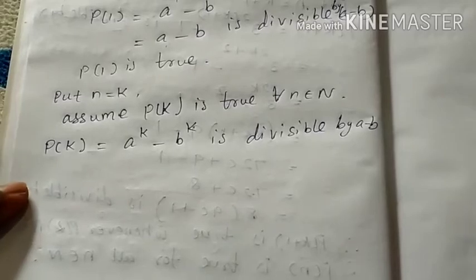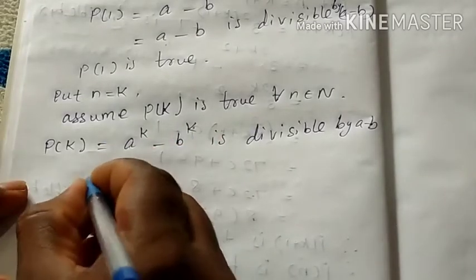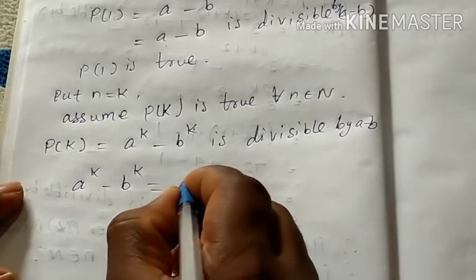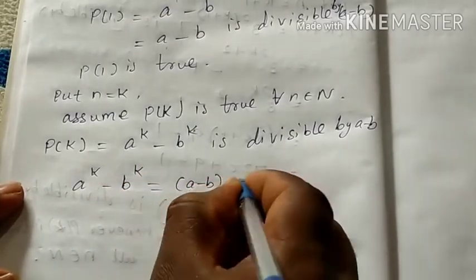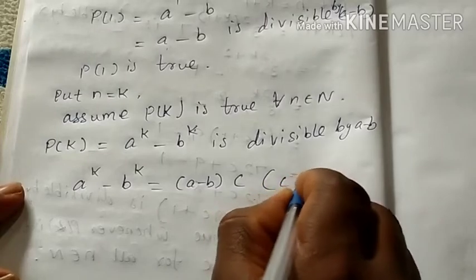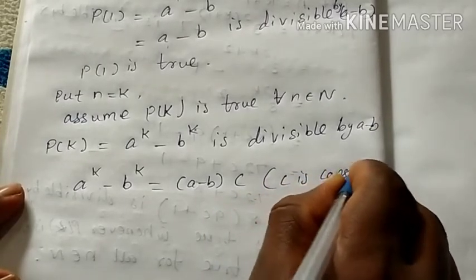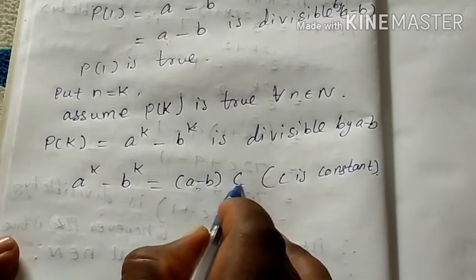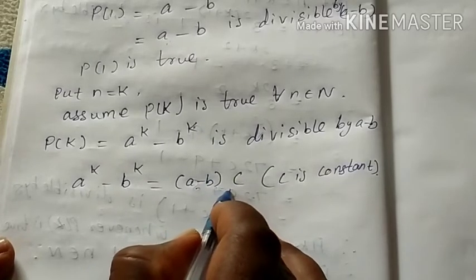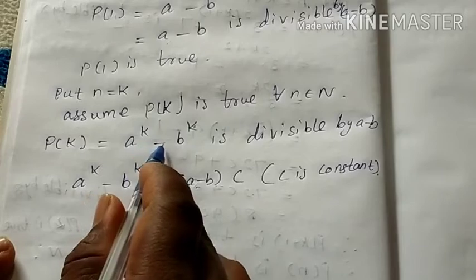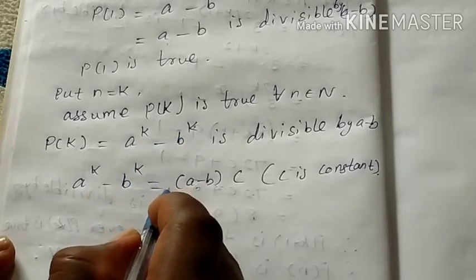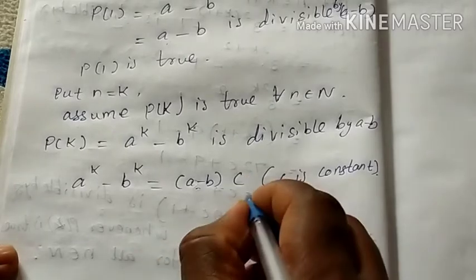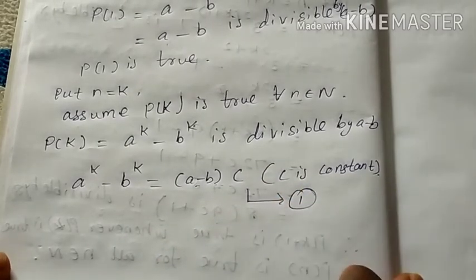This can be written a power k minus b power k equal to a minus b into some constant c. Multiples of a minus b is definitely divisible by a minus b. So a power k minus b power k equal to a minus b into c. This is number 1.